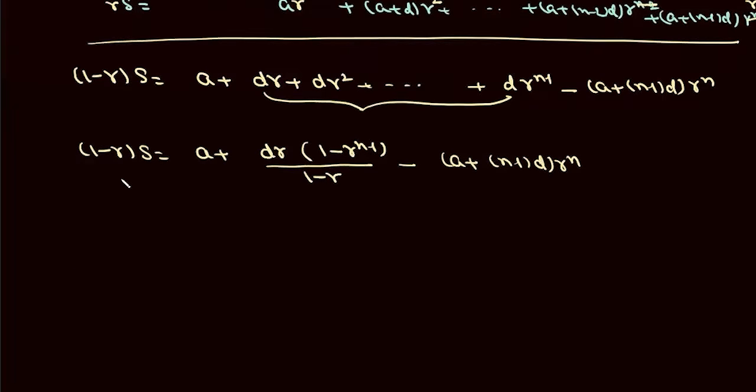And we'll divide everything with 1 minus R, and we can write this sum as A minus A plus n minus 1 d, R to the power n, upon 1 minus R.